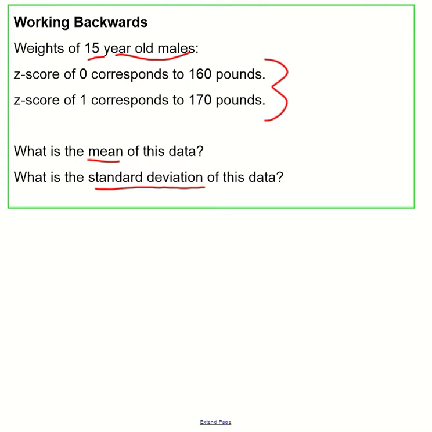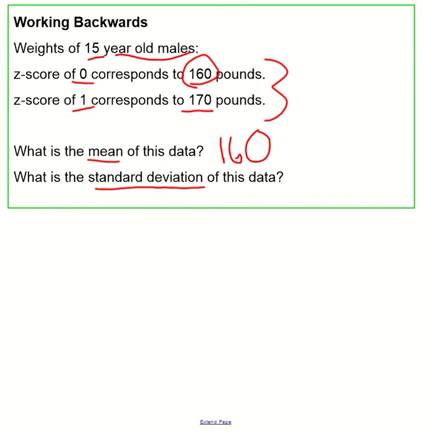A z-score tells how far it is from the mean. So if the z-score is 0, that's the mean. We have a z-score of 0 at 160, so 160 must be our mean. Now a z-score of 1 corresponds to 170 pounds.